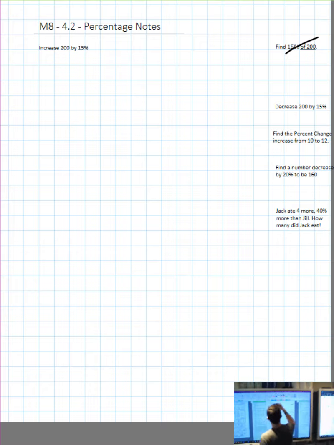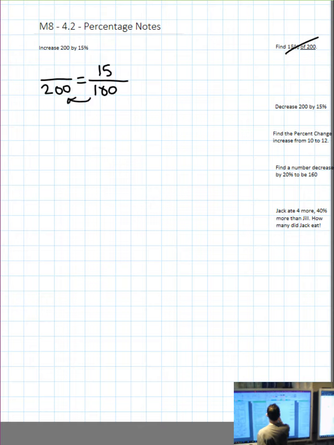Well, I could start exactly like we did above and do is over of equals percentage over 100. So, increase 200 by 15%. 100 goes on the bottom based on our formula. So I need to find 15% of 200.